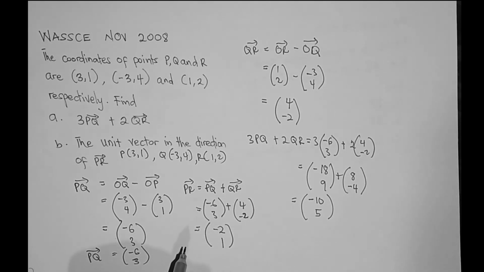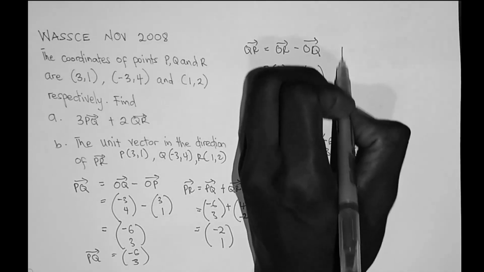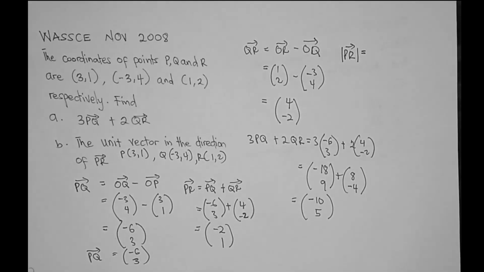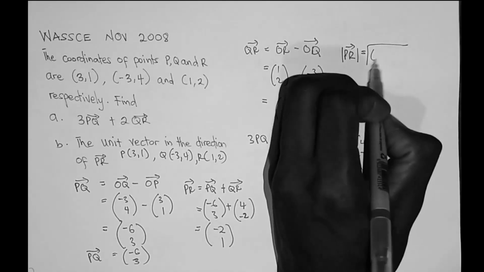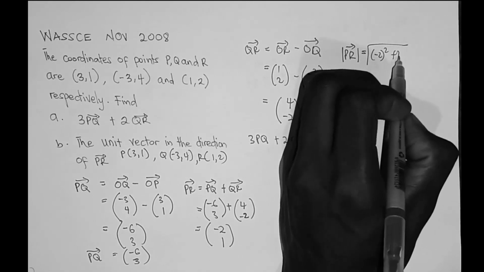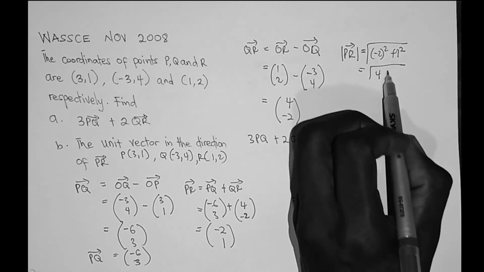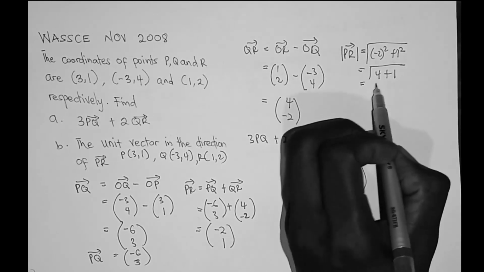However, because we are looking for a unit vector, we need to find the magnitude of PR. So what is the magnitude of PR? It's the square root of minus 2 squared plus 1 squared. Minus 2 squared is 4, then plus 1 squared is 1, and this is equal to root 5.